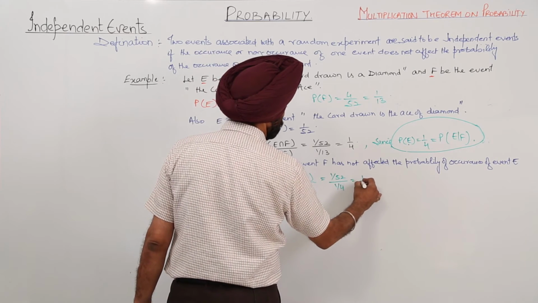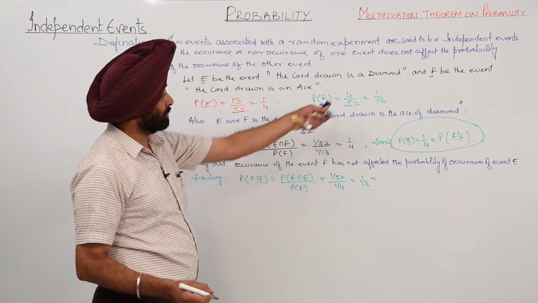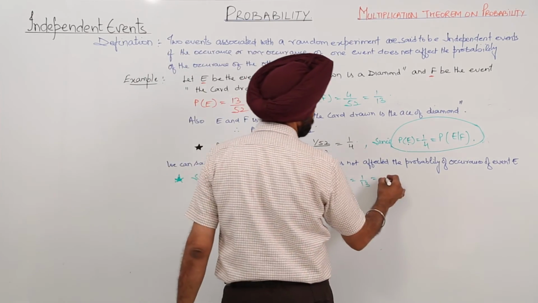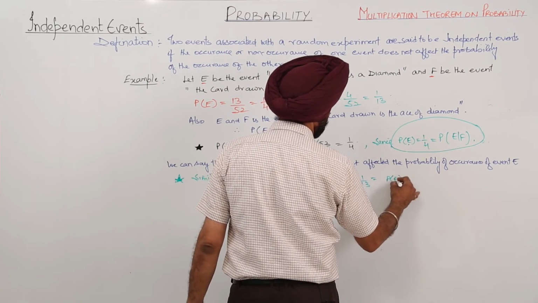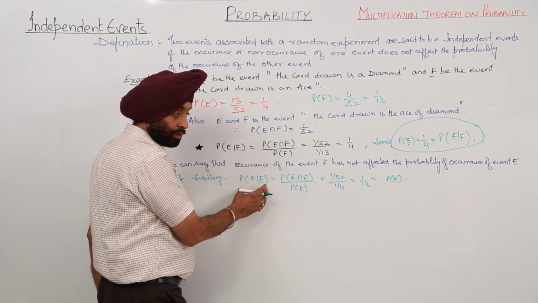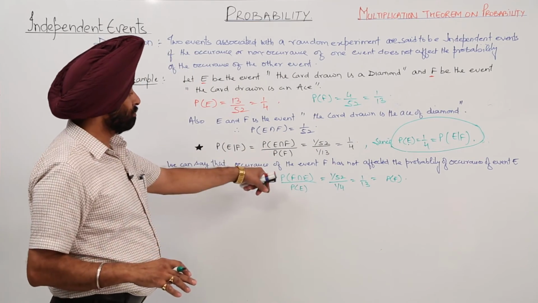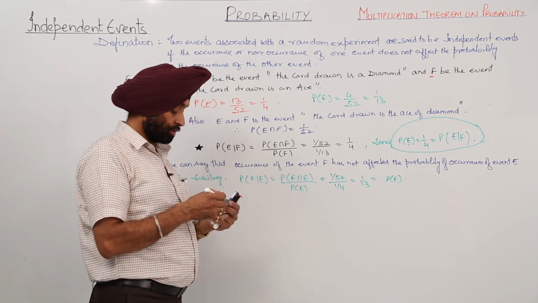On solving this becomes 1 upon 13, and where is 1 upon 13? Here it is. So this becomes the probability of F. Now this means that these two are equal, so there is no effect on either.